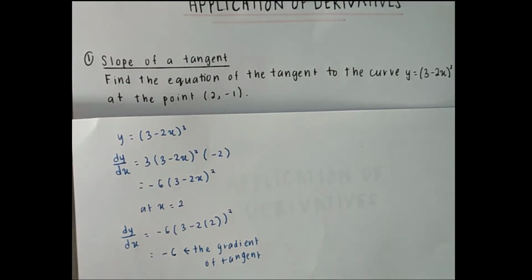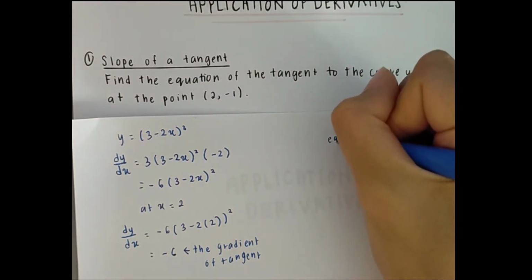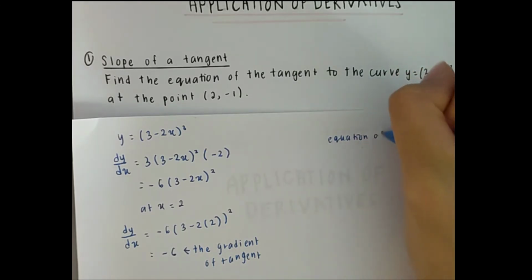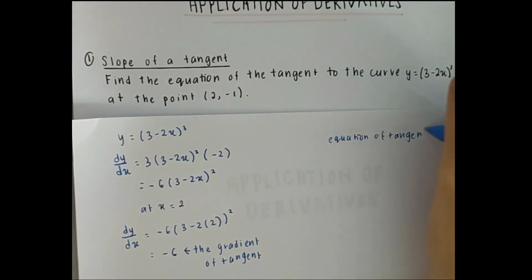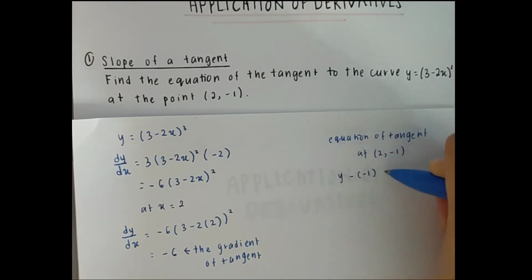So next, to find the equation of the tangent, we just use the formula of the equation of a line, which is y minus -1 equals the gradient -6 times (x minus 2), and we will get y plus 1 equals -6x plus 12.